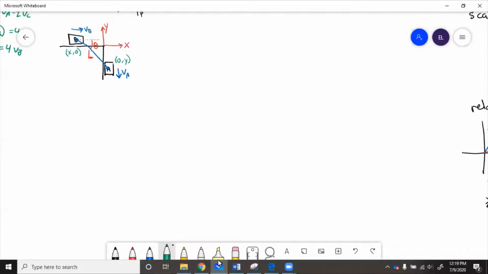So step one, we need to relate their positions to each other.